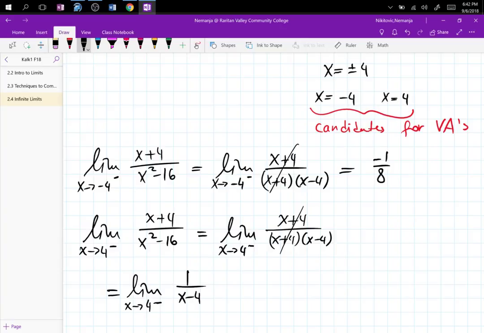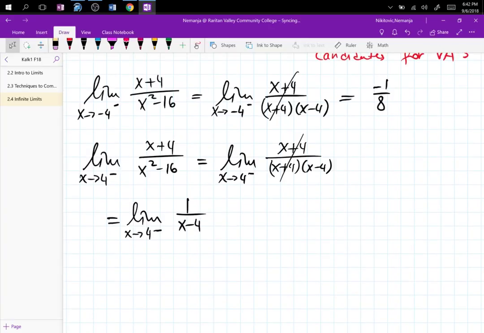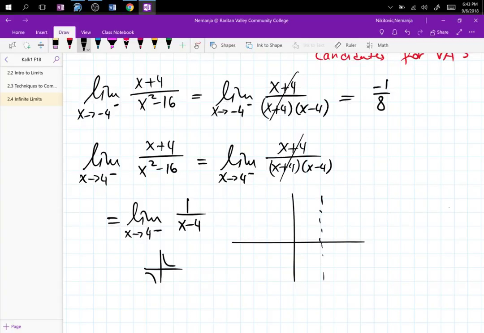Luckily, we know how to solve this problem by graphing. This is shifted to the right 4 units. So our standard graph 1 over x will be shifted 4 units to the right. This is number 4.